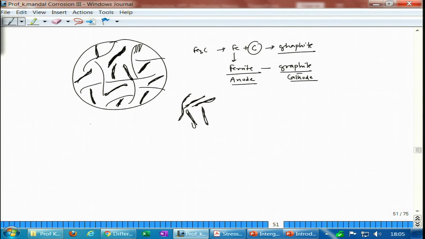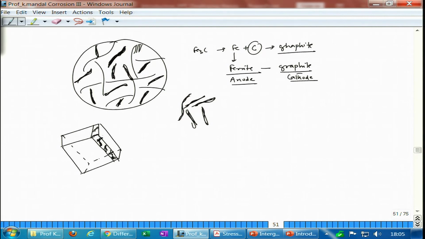If you see from a cross section point of view, this cross section, there would be individual graphites, and these graphites will have interlocking between them.